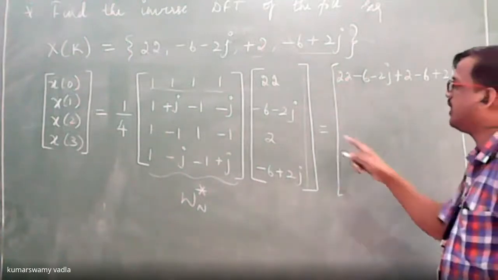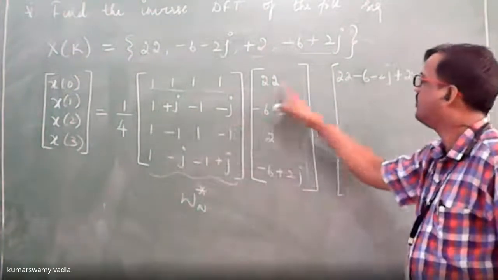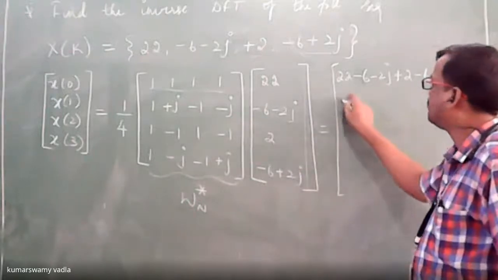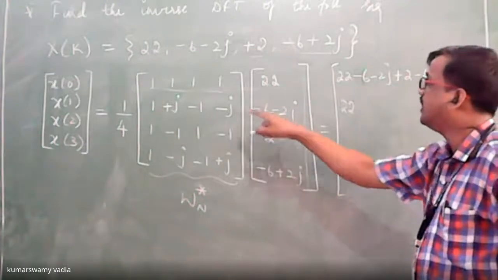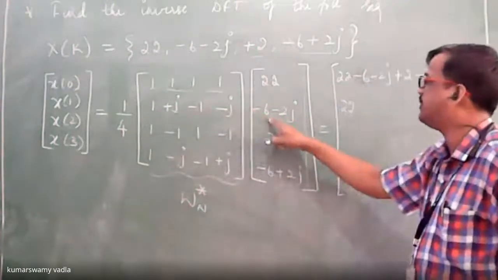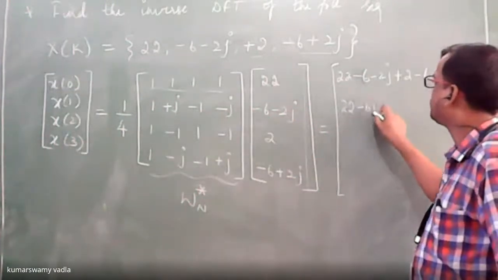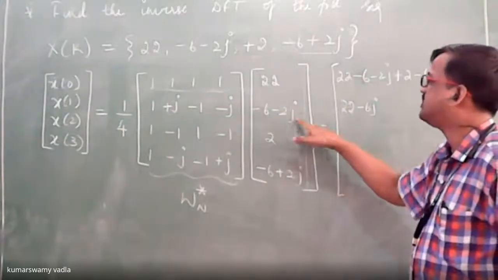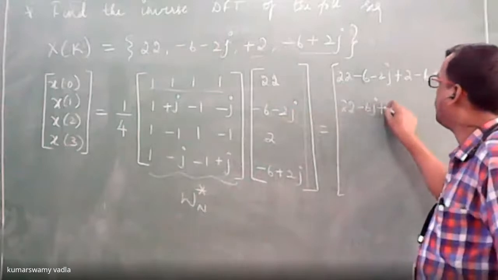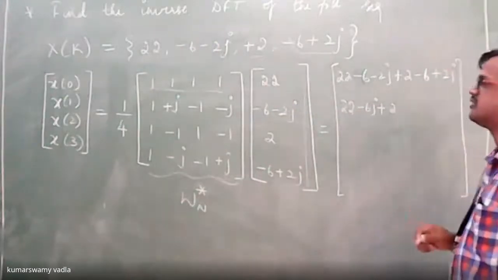Now, what do you get here? With this, 22, okay, this is multiplied by j, so minus 6j, and j square is minus 1, plus 2. Yes or no, students?